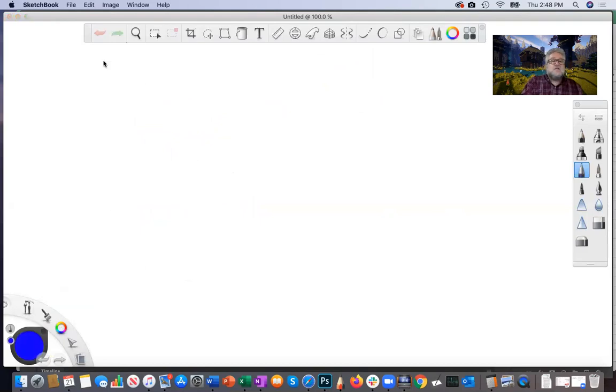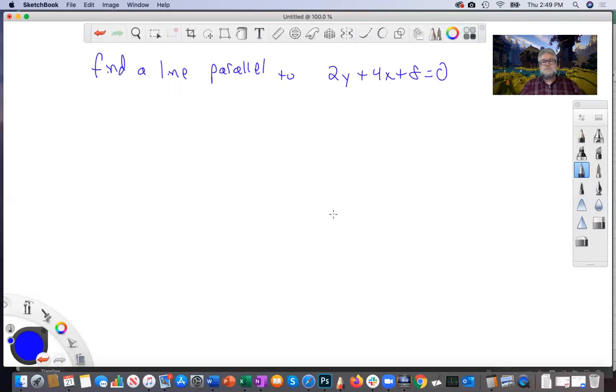Find a line parallel to 2y plus 4x plus 8 equals 0. Okay? So the first thing I'm going to do is take this and fix that. I'm not going to leave it like that.